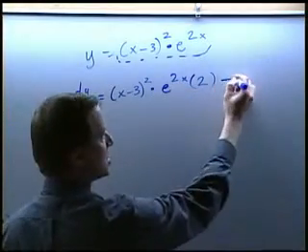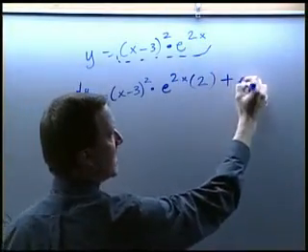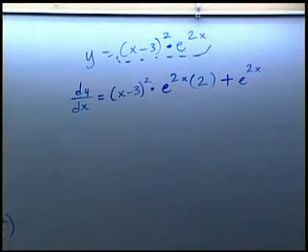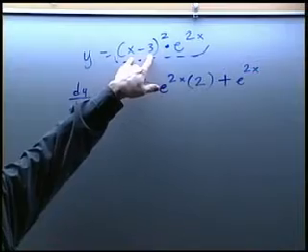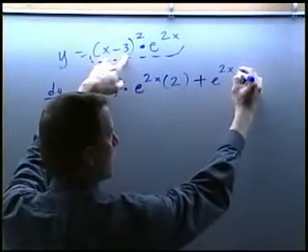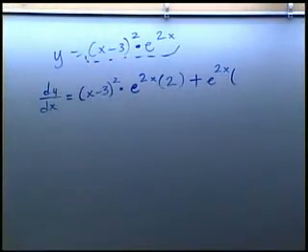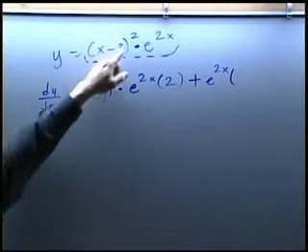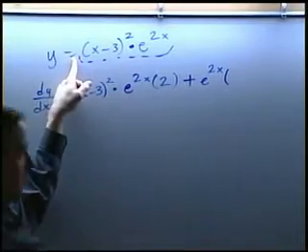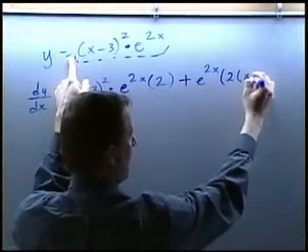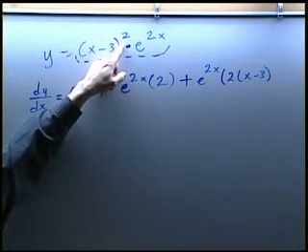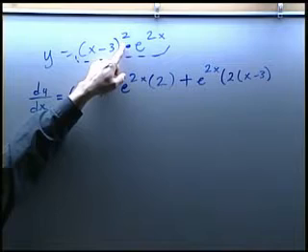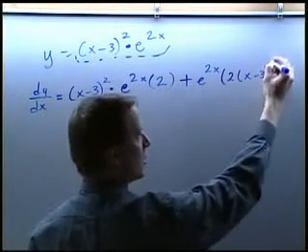Okay, plus, then I rewrite the second part as it is, e to the 2x, and I multiply by the derivative of the first part. Okay, and so my question is, what's the derivative of the first piece? Okay, 2 comes out in front. X minus 3 is now raised to which power? What do we do with exponents? We drop them by 1. Okay, so it's now raised to the first.